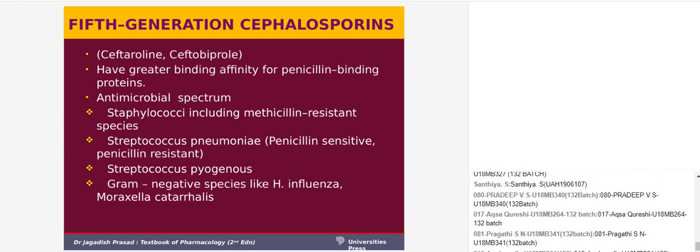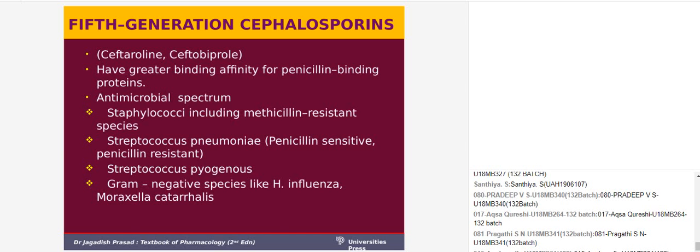So the advantage within the new generation of cephalosporins is that the agents of this class have low potential for the development of resistance, and favorable safety, tolerability, and low incidence of Clostridium difficile. So these are well tolerated, especially regarding Clostridium associated diarrhea.